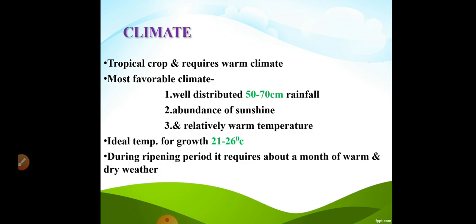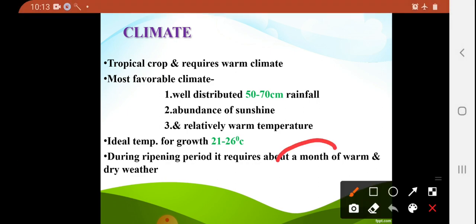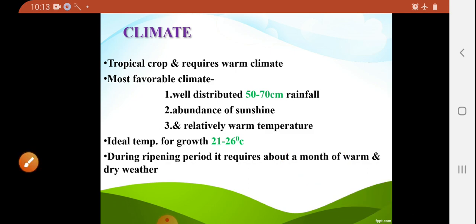This crop requires warm and dry climatic situation at least for a month. If this kind of climatic situation is there at the time of the ripening stage, it gives us better yield. Okay, so this is the climatic requirement for this groundnut crop.